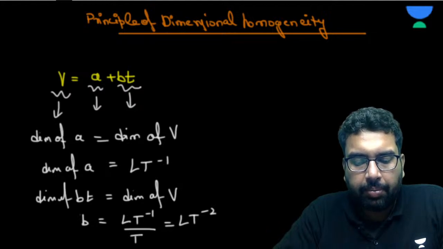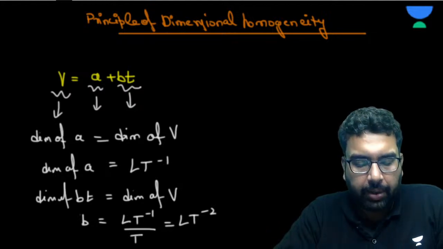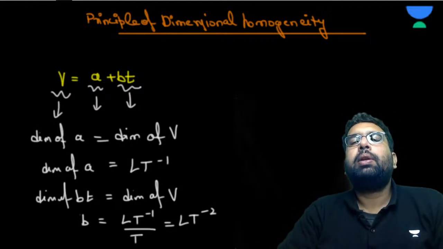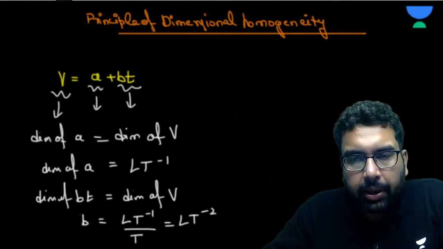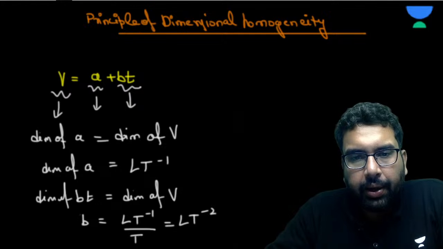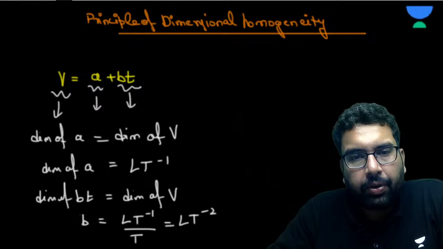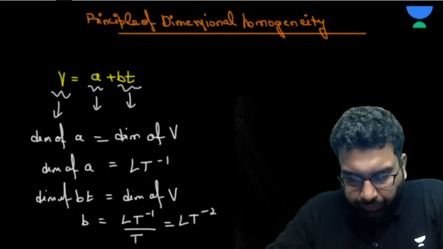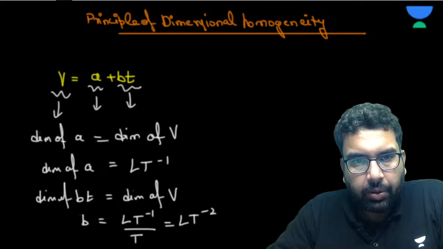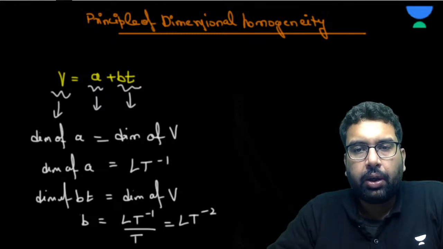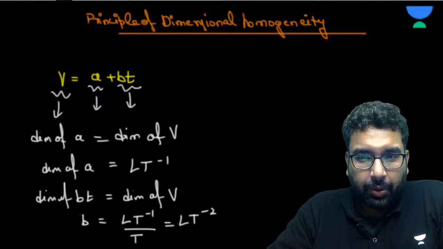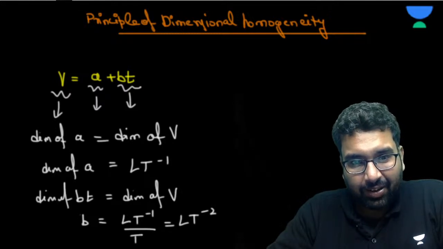That means it must be meter per second, which means it is some sort of velocity. Similarly, the dimension of b is LT minus 2, so it must be meter per second square. So it must be the acceleration, right?